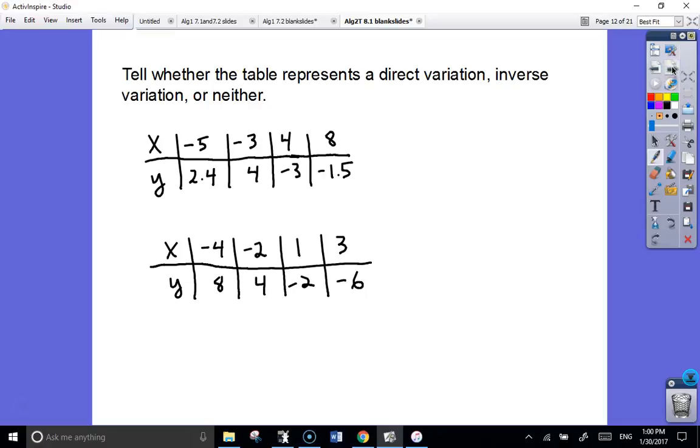Okay, so let's see what kind of variations we've got here. All right, to check for a direct, I should divide. What's 2.4 divided by negative 5?